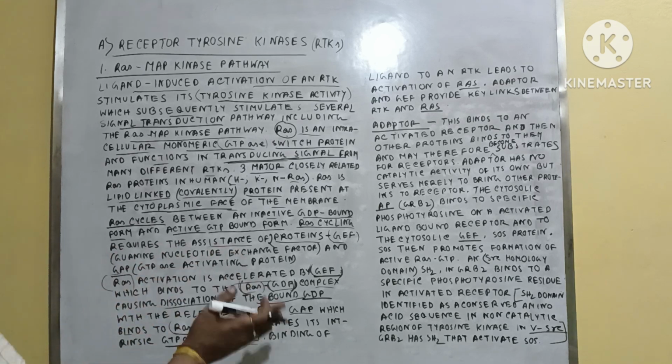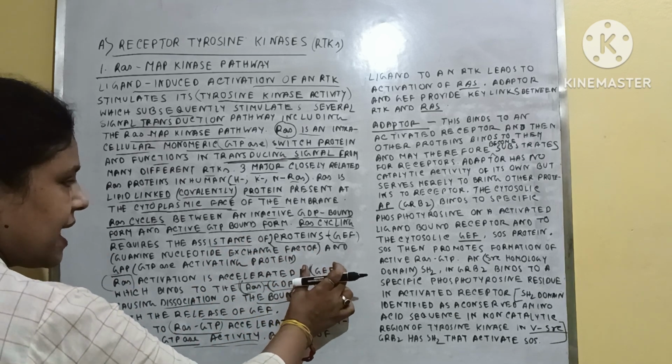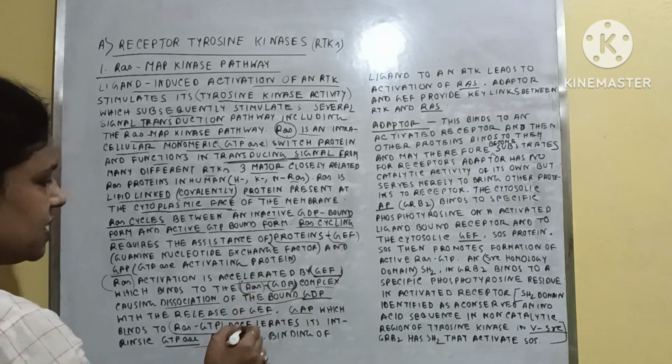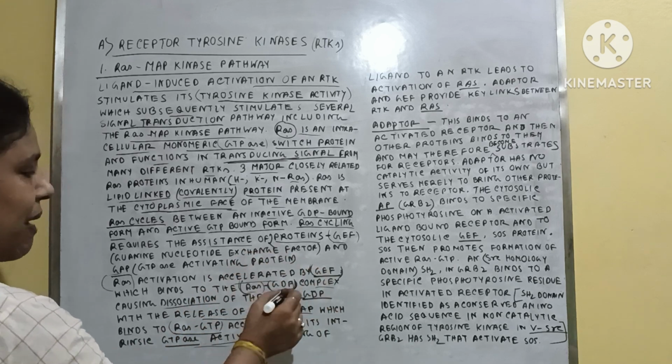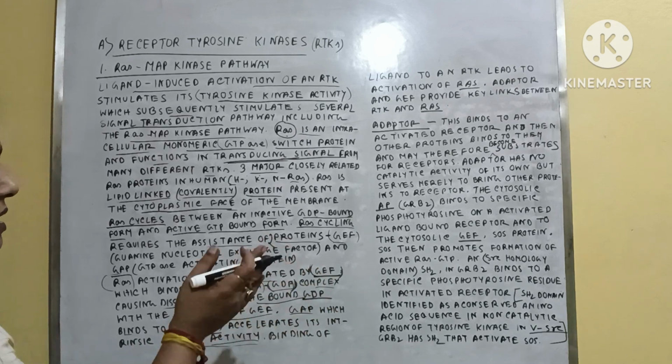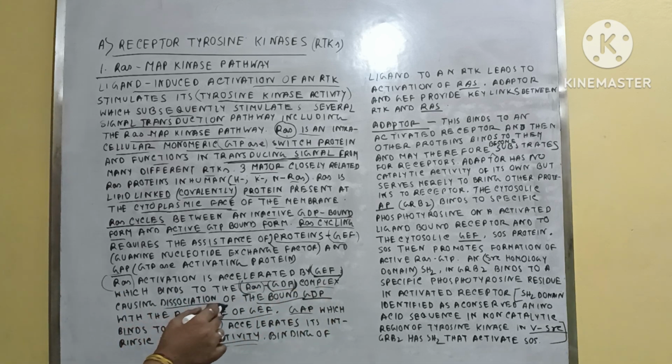So the two functions are very different, the role of GEF and the role of GAP. Generally GEF binds with the RAS-GDP and GAP binds with the RAS-GTP. So when GEF is bound to the RAS-GDP, it dissociates the bound GDP and also releases GEF itself.